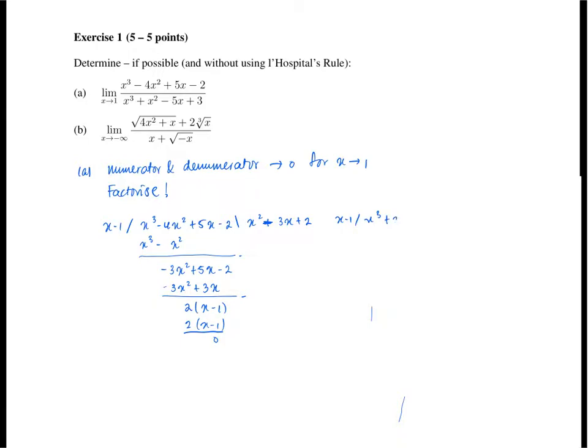Now the numerator. We try to take out the term x minus 1 out of this cubic term, x to the power 3 plus x squared minus 5x plus 3. First we see that x squared times x minus 1 leads to x to the power 3 minus x squared, which leaves as a remainder 2x squared minus 5x plus 3.